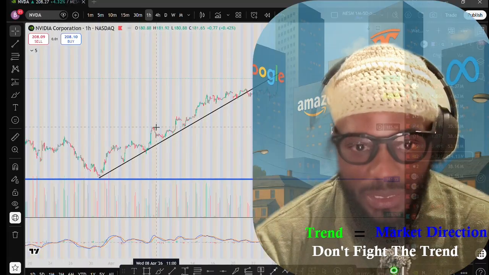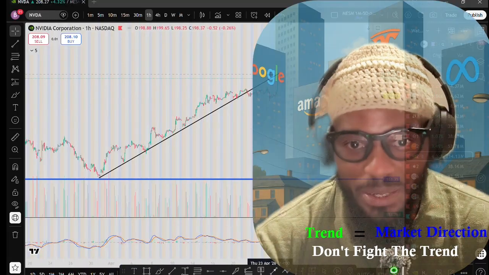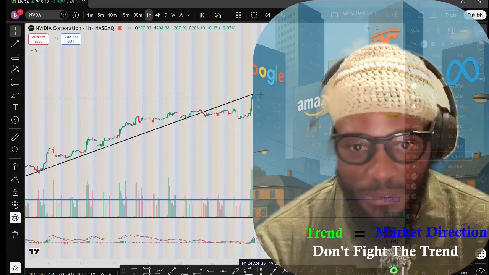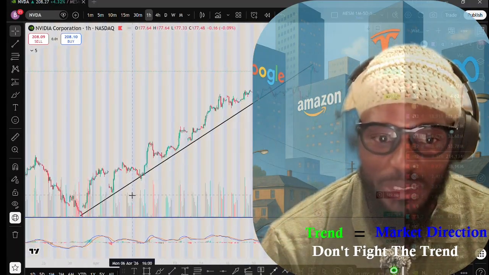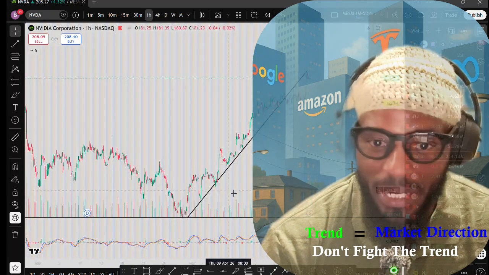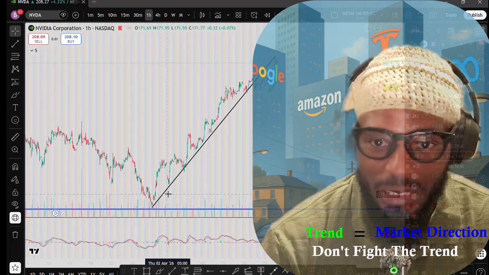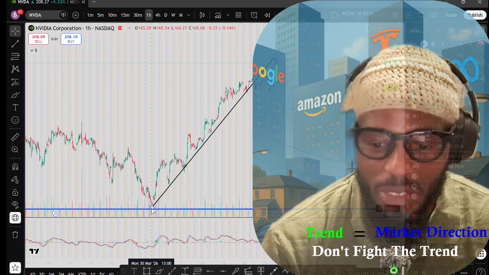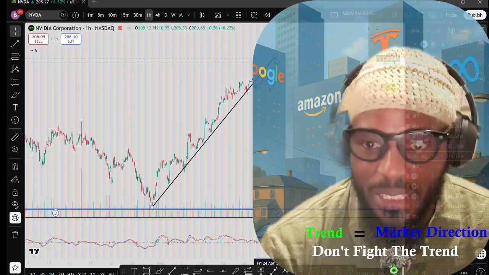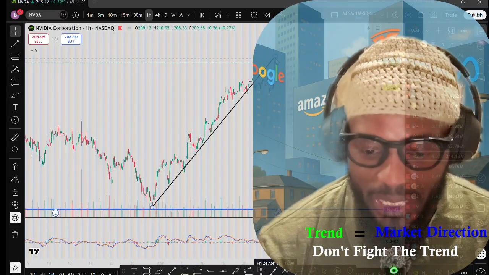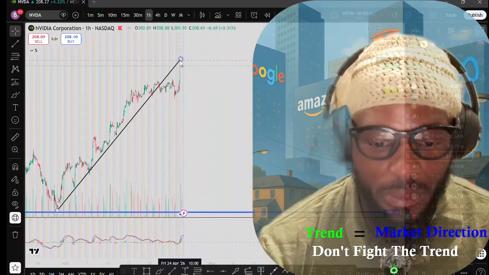This was the first high, this was another high, and another, and it made a new high, the highest level, right here. So it has been making higher highs and higher lows. This is an uptrend, going up. Price has gone from 163 on Monday, March 30th, 2026 to the current Friday, April 24th, 2026, where NVIDIA price is at $209. That is important. That is an uptrend.